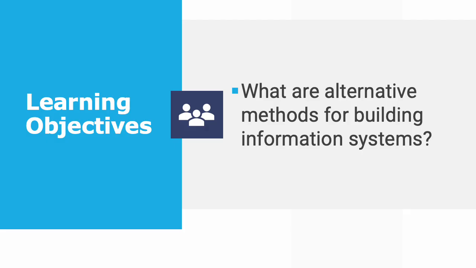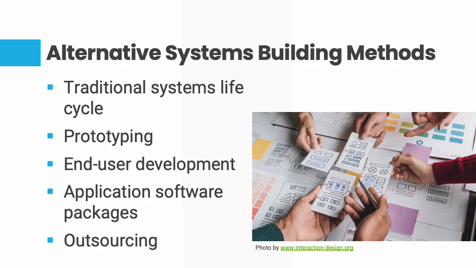Okay, so is there any other alternative methods for building an information system? Yes, there are. Okay, let's talk about it. Now we have talked previously about the traditional step-by-step way to build a system. But actually, that's not the only way.